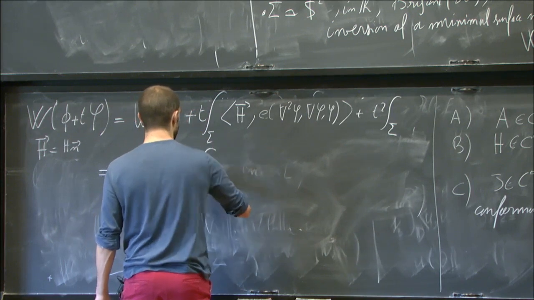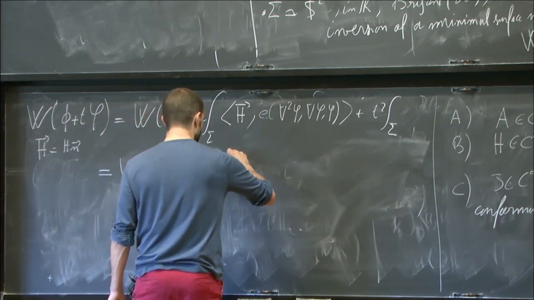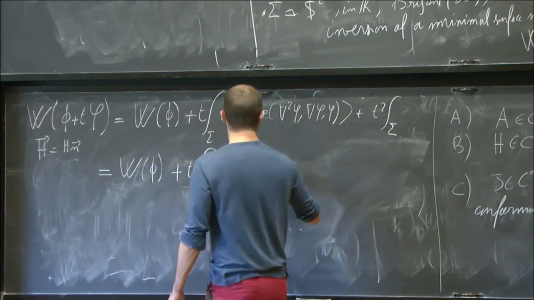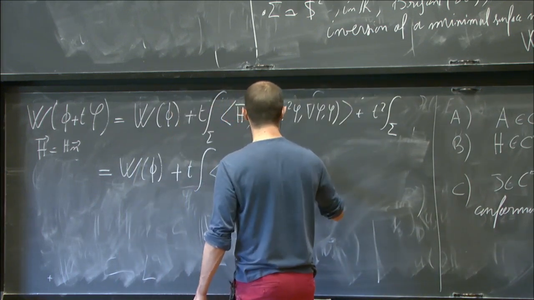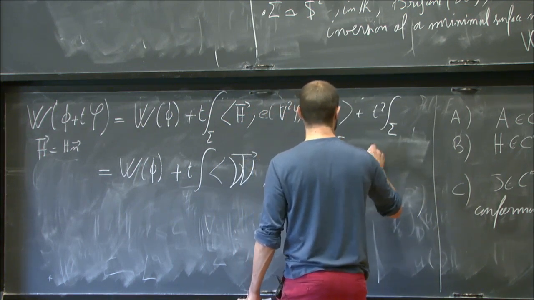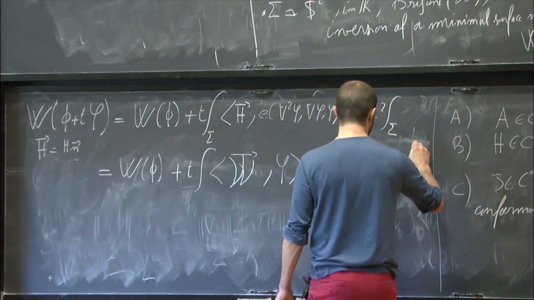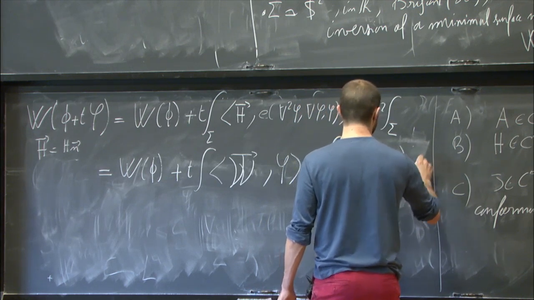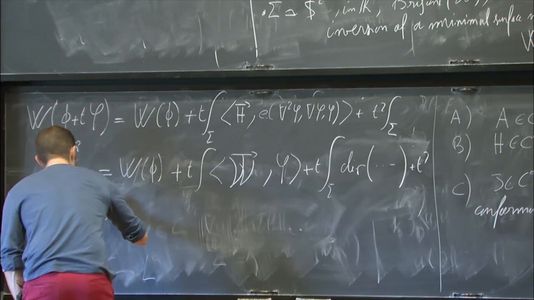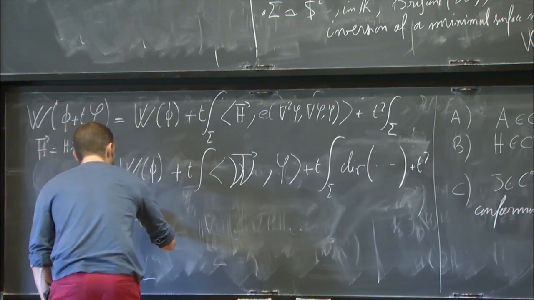So if you integrate by parts, here you have an expression, W times phi, plus t, some divergence term, plus some t squared.